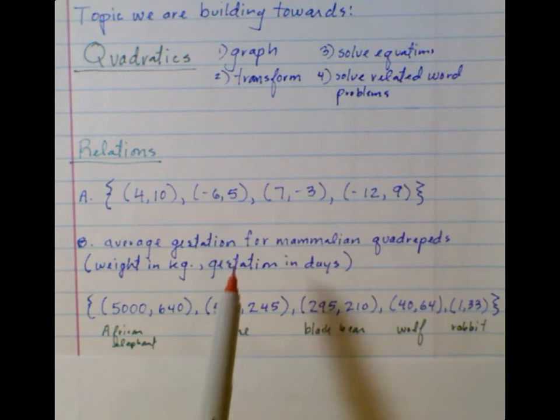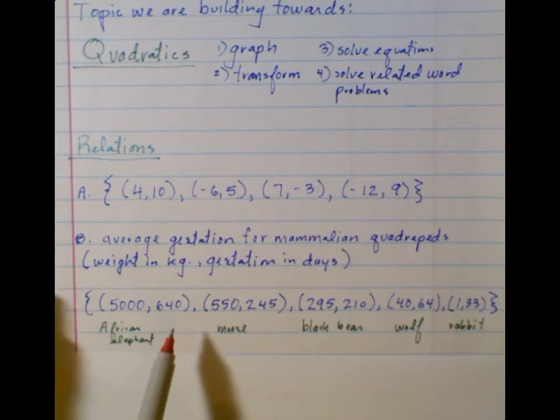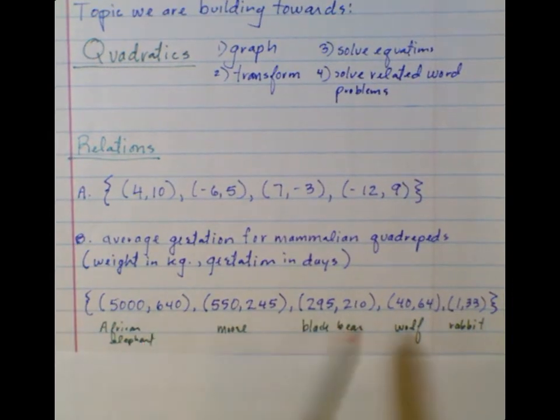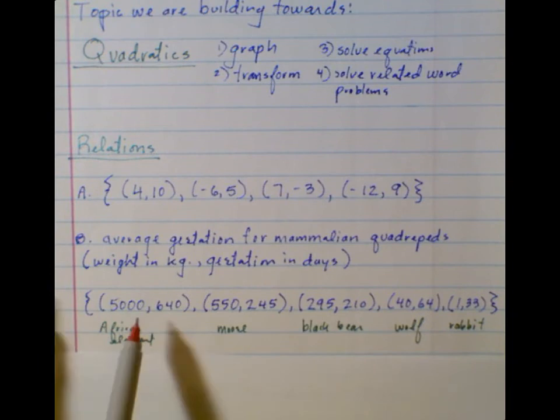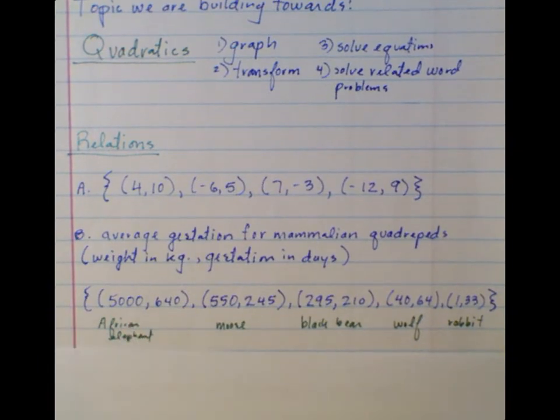And that's just a word meaning the length of pregnancy from conception to delivery. You could dismiss this and say, well, this looks like a random collection of numbers, but there's actually a beautiful story being told here about the size of a mammalian quadruped versus its gestational period.